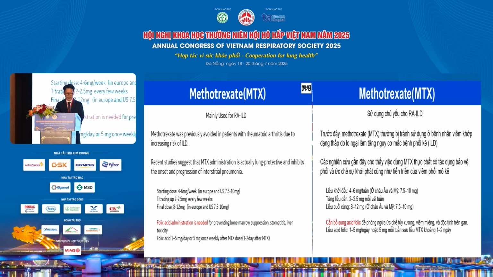Methotrexate is used for rheumatoid arthritis. Methotrexate was previously avoided in patients with rheumatoid arthritis due to increasing risk of ILD, but recent studies suggest methotrexate administration is actually protective and inhibits the onset and progression of interstitial pneumonia.